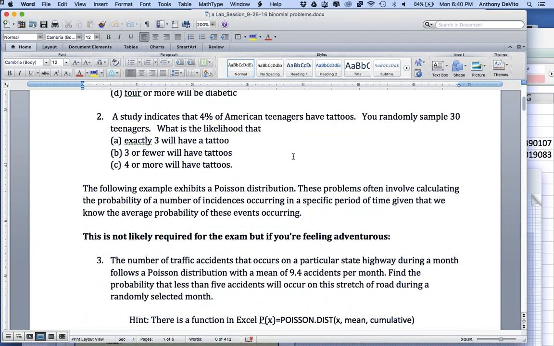It doesn't have to be exhaustive, because if we were looking at hair color and wanted to know the probability of being a redhead, it could be independent, with the same probability for every person we test, but there could be a lot of other hair colors. So the whole population doesn't have to be redheads. Well, no, it is exhaustive, redhead or not redhead. I guess by nature it's exhaustive. You can't avoid it.